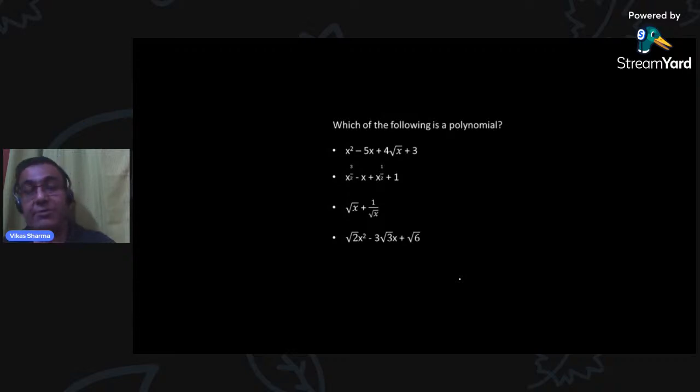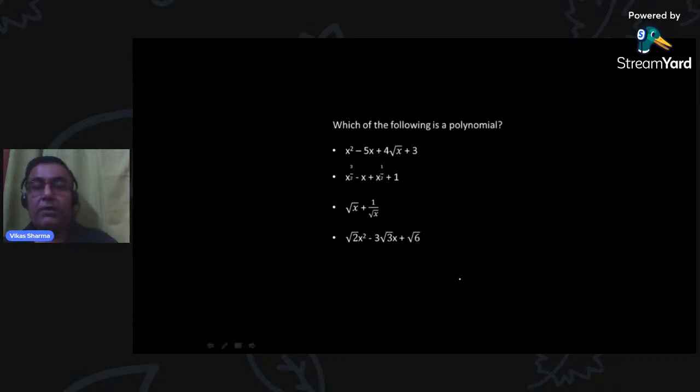Especially in multiple choice and even in subjective questions, do the calculations on your own, and before I give you the answer, if you send a comment in the chat box, I'll be very happy to know that you already know the concept, and then I can skip those parts and move forward a little faster.